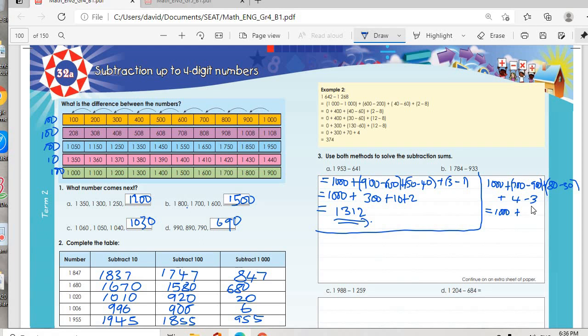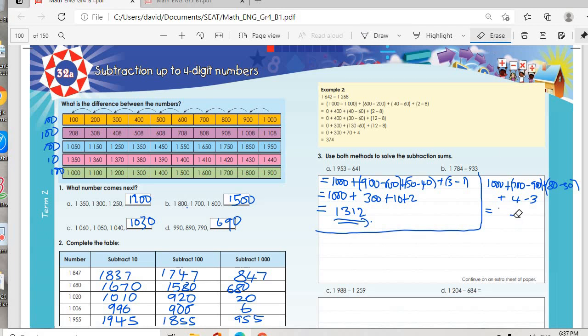Right, okay, so what we're gonna do here first, 700 can't subtract 900. So we are going to borrow 100. We are going to borrow 100. Right, okay, so we are going to say 900 plus, not 100, let's borrow 200.